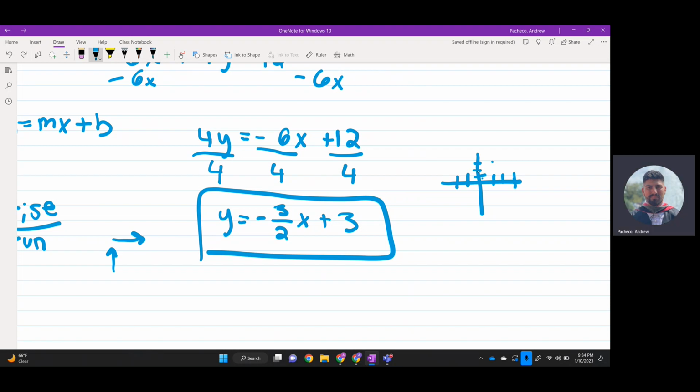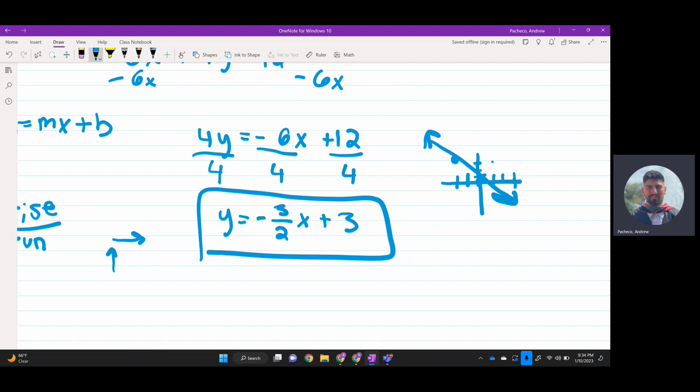So we're going up 1, 2, 3, and then over 1, 2. Remember, these are just examples. I'm talking just about slope, just about negative and positive slope, which direction we go, and how we graph it.